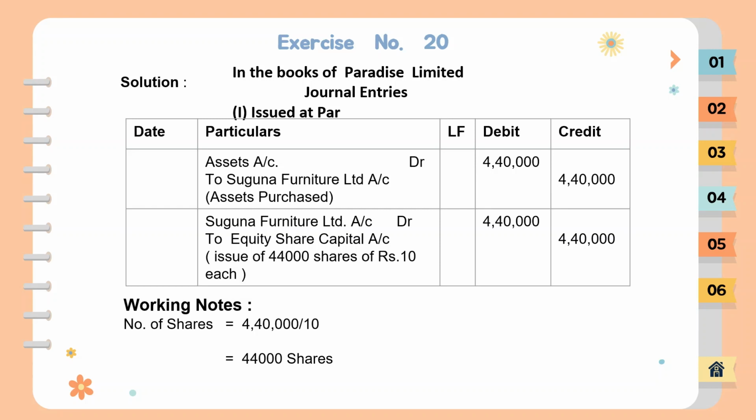Now to find out how many shares we are issuing to them, you do the calculation like this. Whatever amount we have bought should be divided by the value of the share. Here at par, 10 rupees is the share. So 4,40,000 divided by 10 will give you 44,000 shares we are issuing to them.